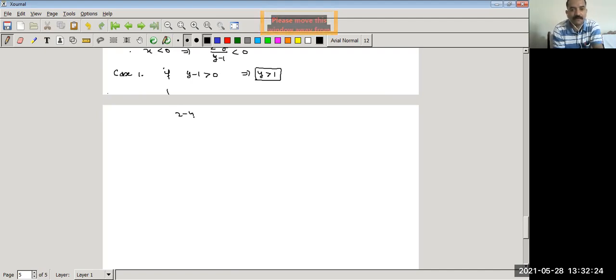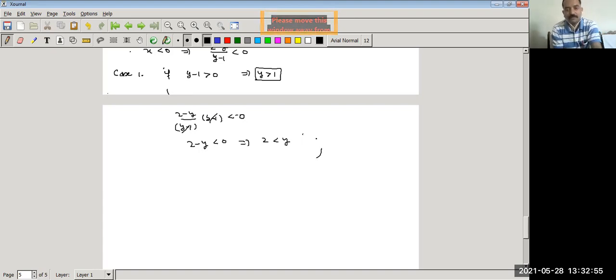So (2 minus y) upon (y minus 1) into (y minus 1) is less than 0 into (y minus 1), which is 0. So we can cancel this out. So 2 minus y is less than 0. This implies that 2 is less than y.